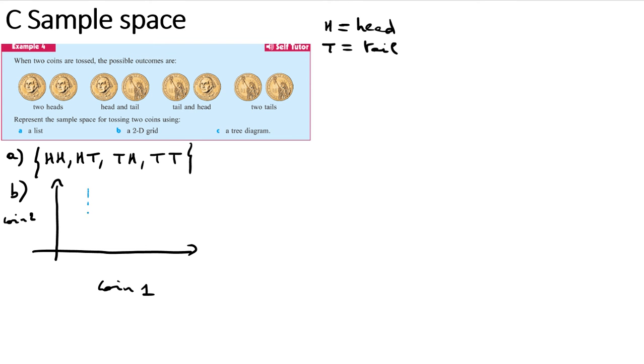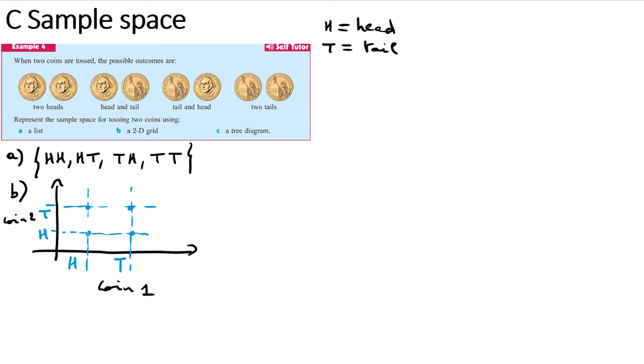So let's say that we have here the head for the first coin and the tail here. And then for the second one, the head here and the tail here. So we have 4 possible outcomes.